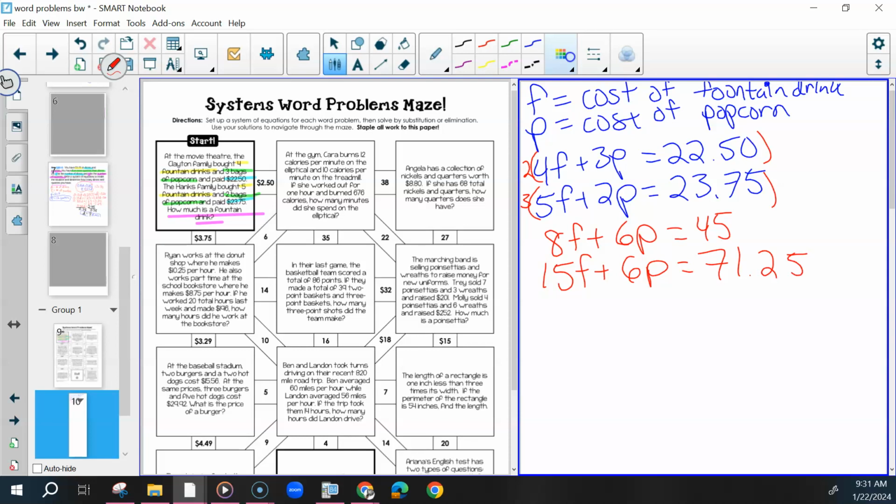So if we were to eliminate the p's, would we add or subtract these two equations together? Subtract. So let's do that. 8f minus 15f would give us, this would be 0. And then 45 minus 71.25.